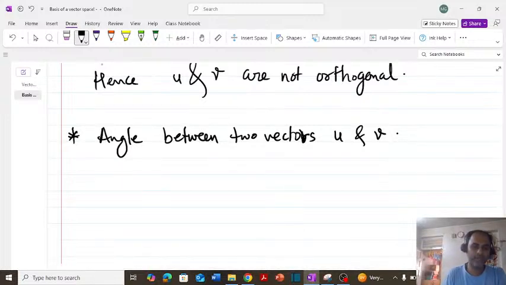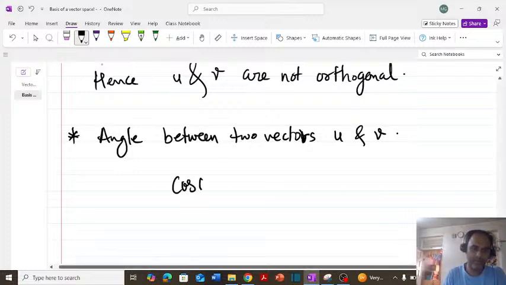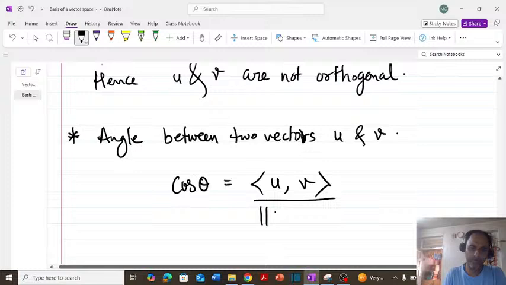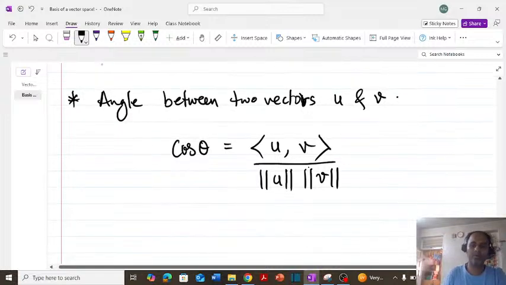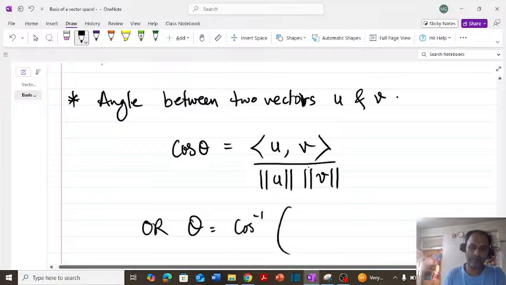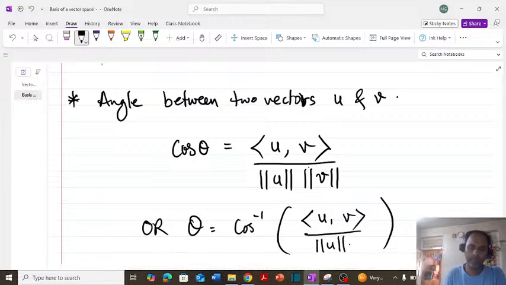You already have cos theta equals inner product of u and v over norm u norm v. This is the formula. Or you can take theta equals cos inverse of inner product uv over norm u norm v.